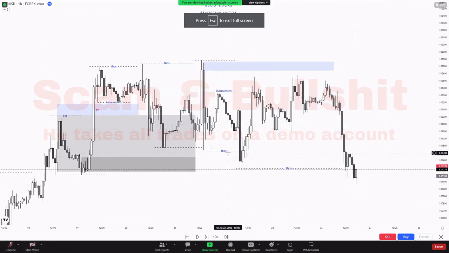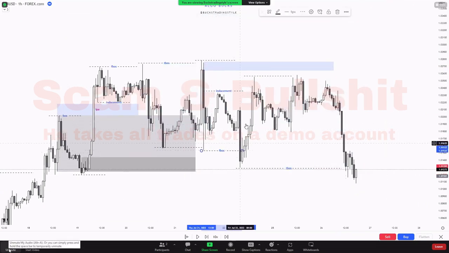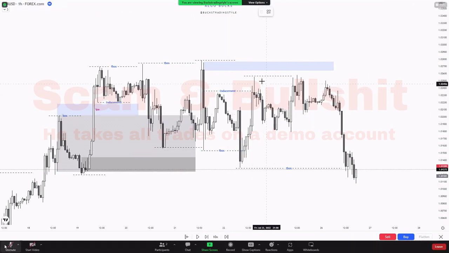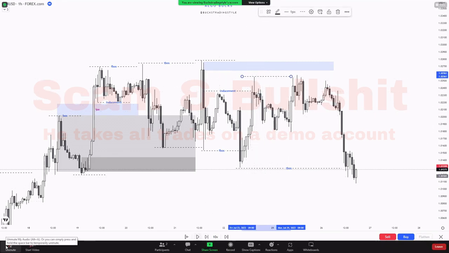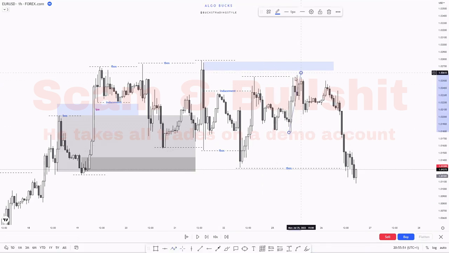Now let's look at what we have here. This is the fake break of structure. This is the inducement. Then price was supposed to come down directly to the true break of structure, but this was the high here, and price went higher to take out this other high right here.